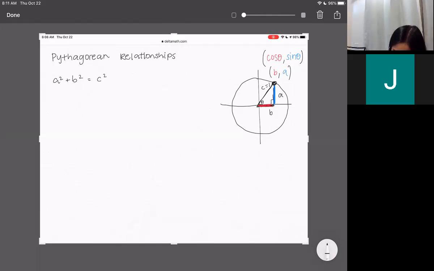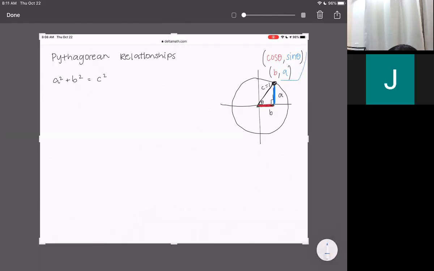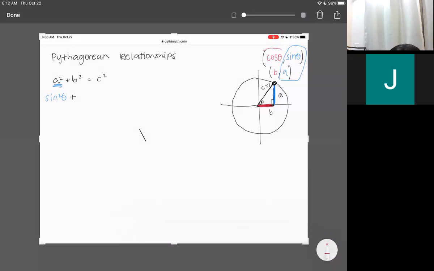Okay, and so if we put this together into a squared plus b squared equals c squared, well, if our a is sine, then I'll put sine squared theta, so that's our a. And then plus our b, which is cosine squared theta.